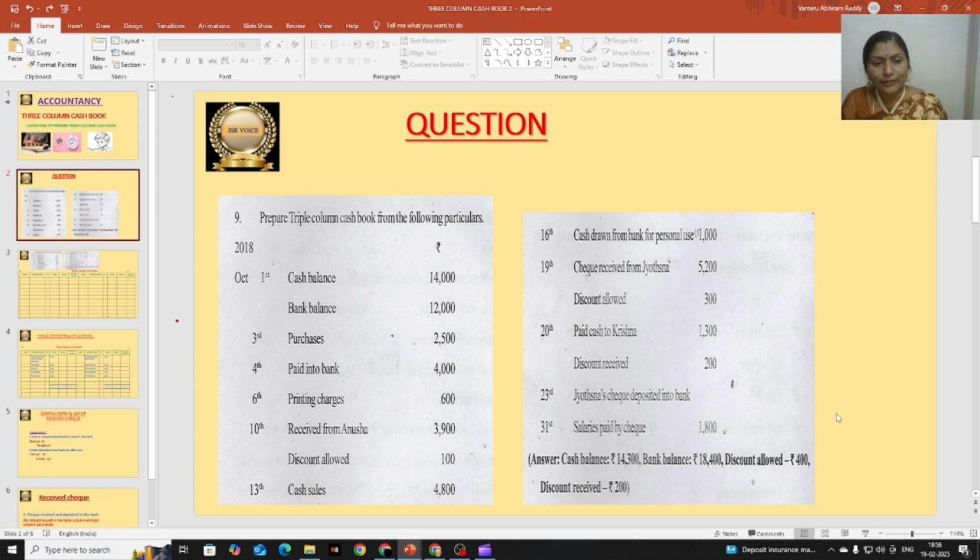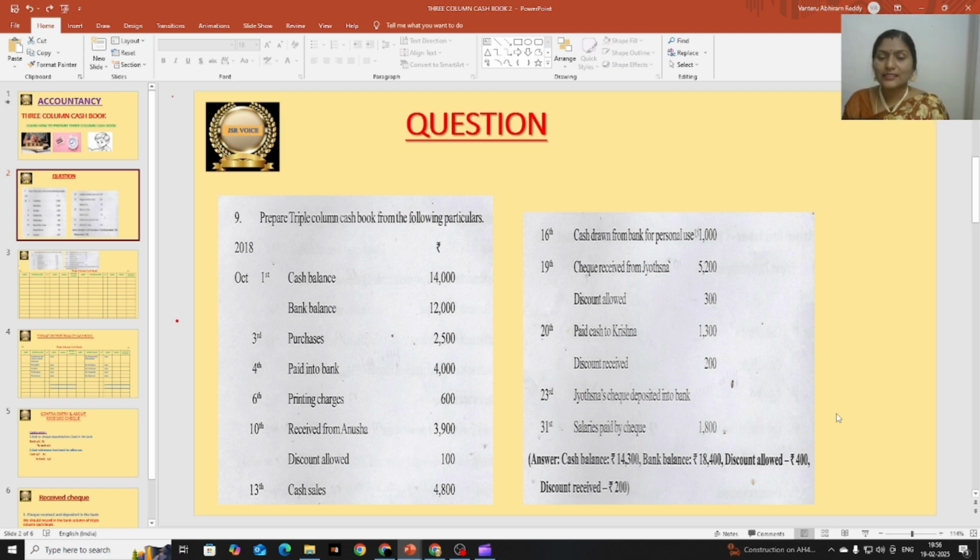2018 October 1st, cash balance 14,000, bank balance 12,000. These are the opening balances of the business in that particular month. These balances we have to record in the 3-column cash book first. Where to write, debit side or credit side? You may have a doubt. Cash balance and bank balance are assets actually.